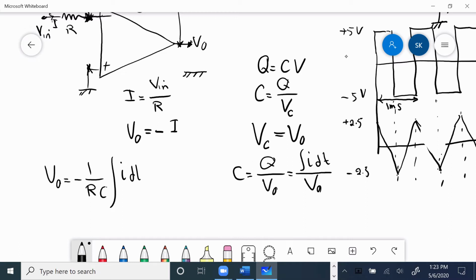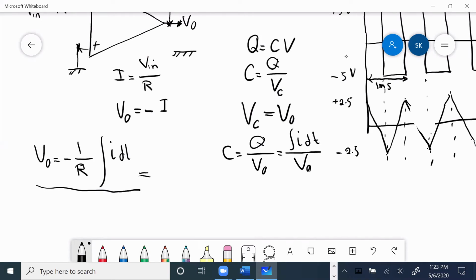Now for I, I can put V in over R. For this, I can say V out is minus 1 over C, 1 over R integral of V in dt.